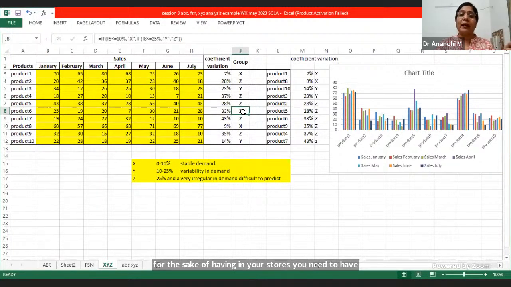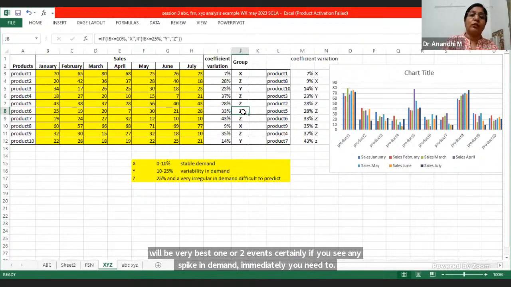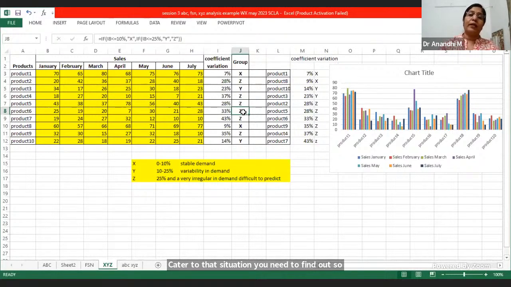Suddenly, if you see any spike in demand, immediately you need to cater to that situation. You need to find solutions, alternatives to bring items in and make the product available. Then automatically it will shift itself to the Y category, from a non-moving item to a slow moving item category. So this is about the XYZ classification.